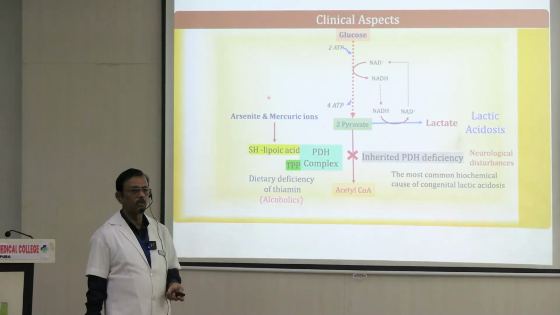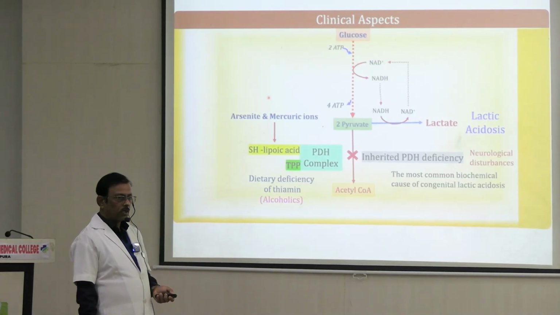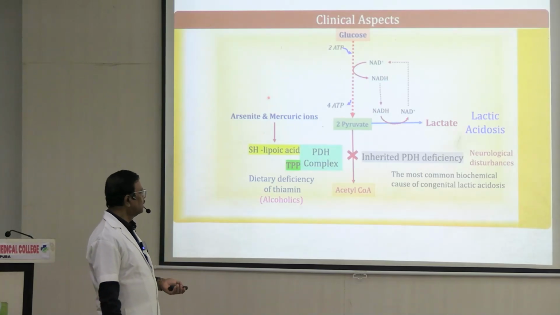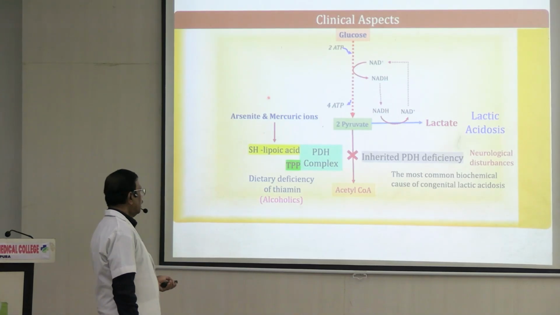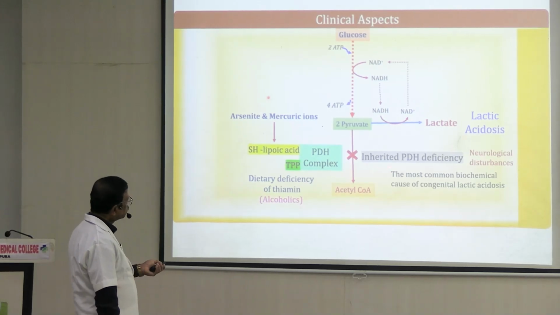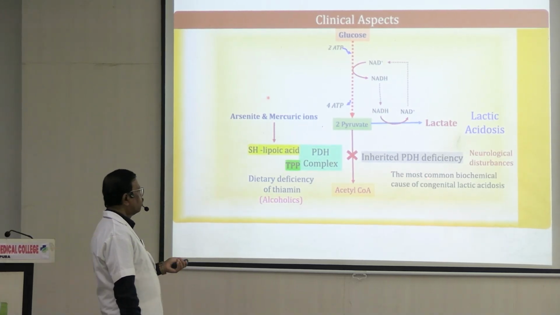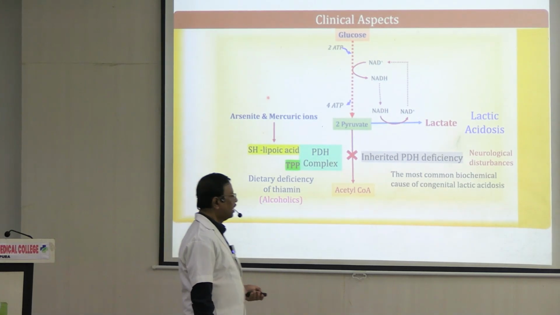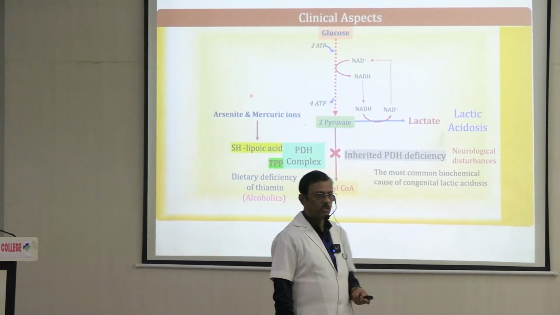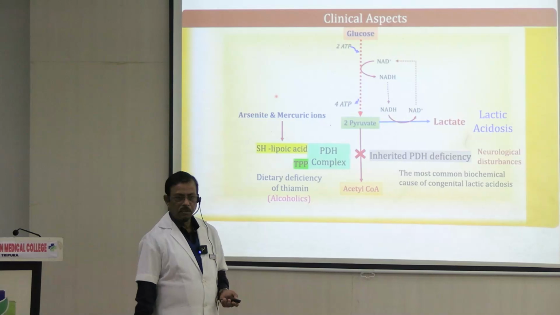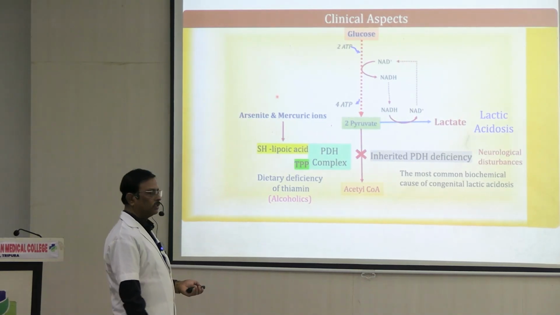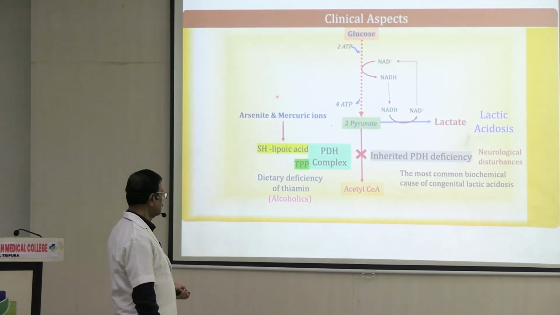Pyruvate cannot be converted into acetyl-CoA, so it is diverted to lactate formation. So there will be lactic acidosis. Then neurological disturbance will be there, and this is the most common biochemical cause of congenital lactic acidosis. Though this condition is very rare, usually when it occurs, it is caused by this inherited PDH deficiency.